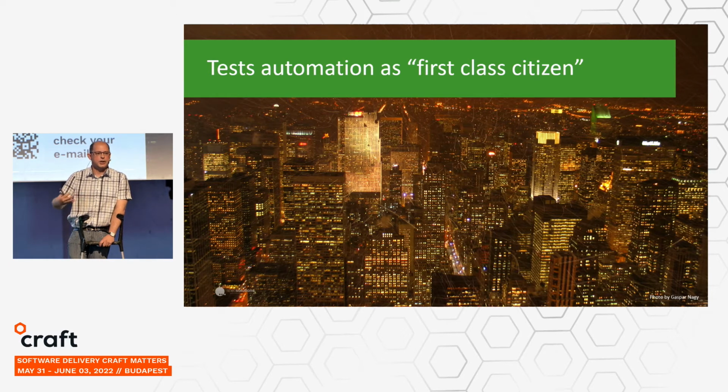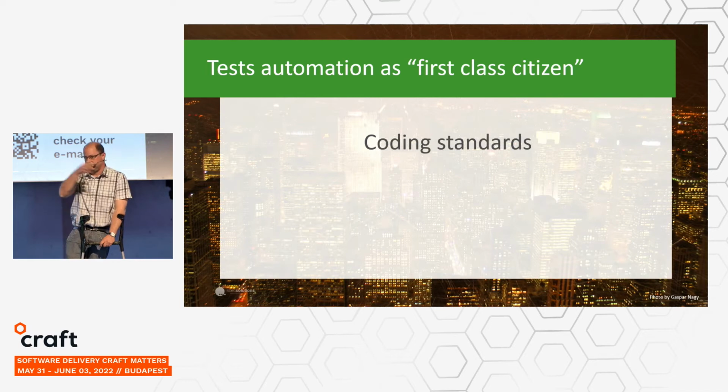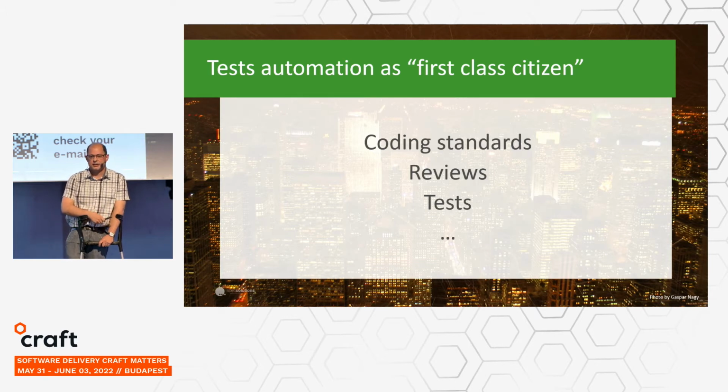What kind of quality criteria, or what kind of ways do we use to ensure the quality of the production code? Probably we are doing many things, but maybe we are applying some coding standards, right, for production code. Maybe we are doing some reviews, right? And we are also using tests for the production code to be able to ensure its quality, and many other things probably, right?